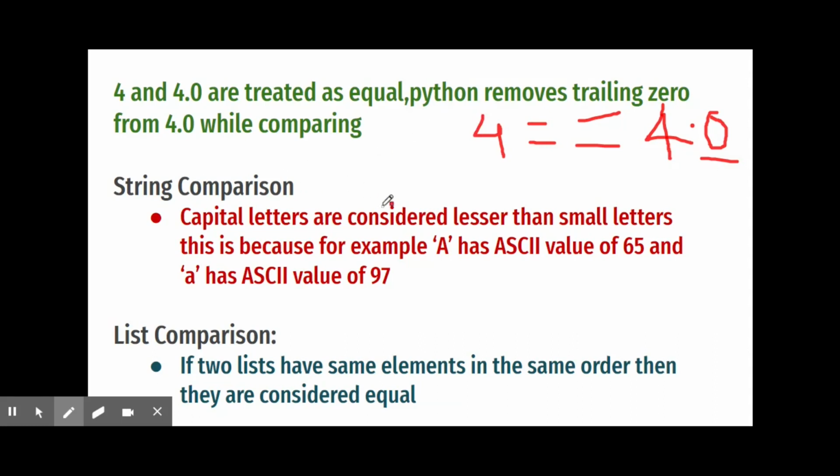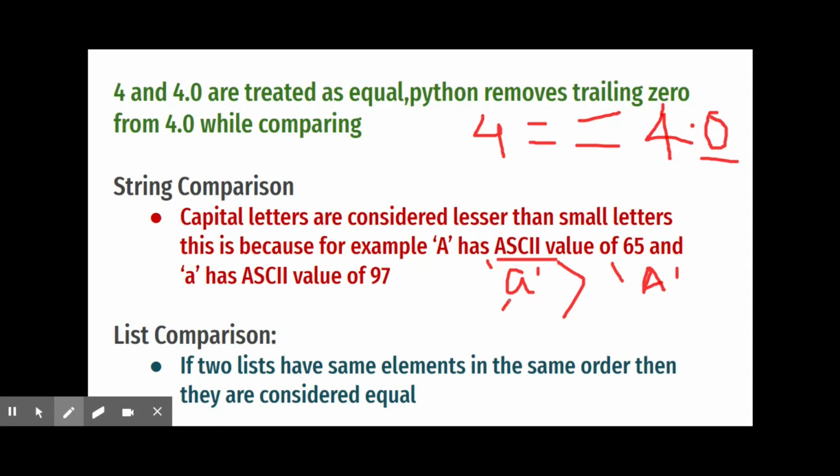Then string comparison. When I'm comparing a small letter and a capital letter, the small letter will always have a greater value. So if I'm checking if small a is greater than capital A, it will give me true. Now you might be wondering how we can compare characters. There is something called ASCII code. Each character is assigned a particular number because the computer only understands binary.